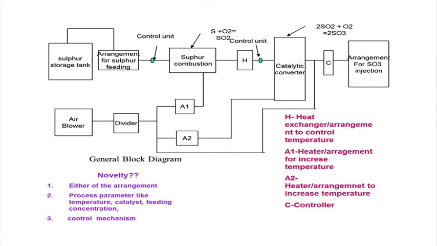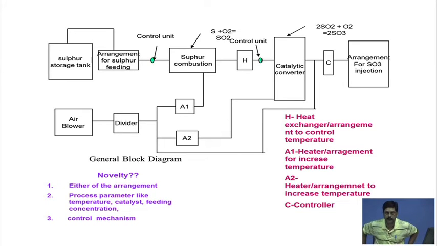Now, I have given a nice example here. You will get a small device used in a power plant for flue gas conditioning purposes. Let us say the flue gas has some sulfur.